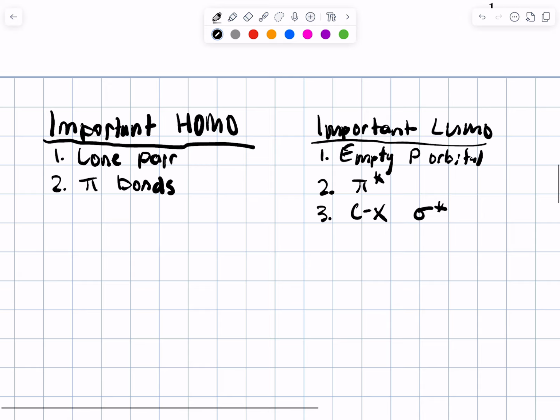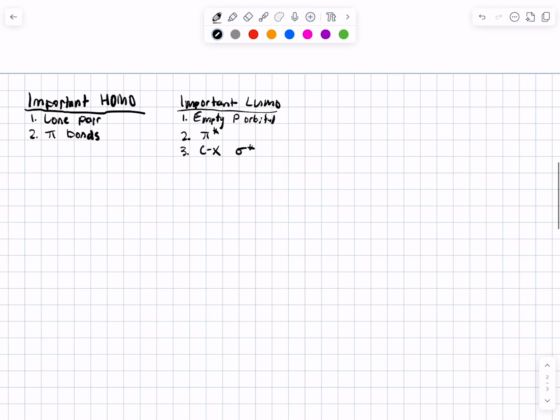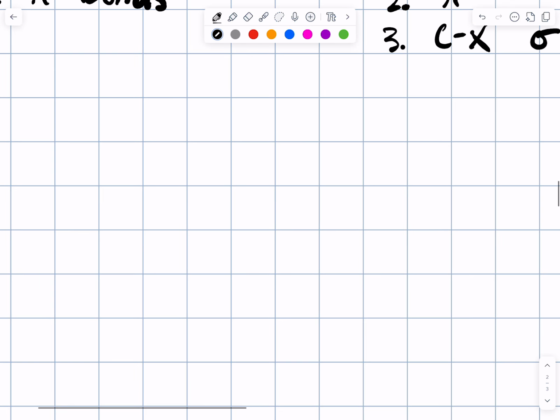So the first thing that we will do then is let's start with an empty p orbital. One example of an empty p orbital that we will see plenty of in the coming chapters is something that takes this form, where we have a carbon with only 3 bonds.